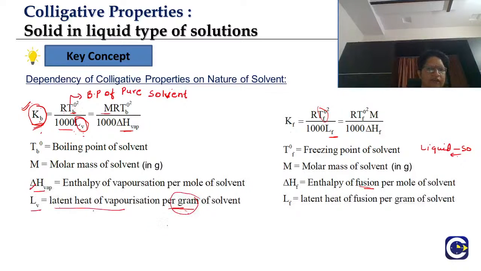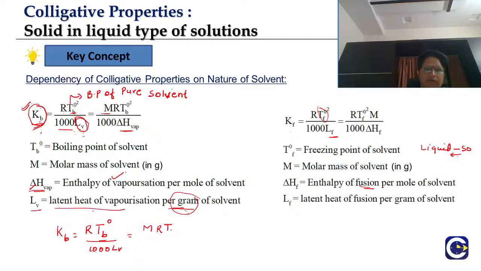If we take it for 1 mole of a substance, what do we call it? Enthalpy of vaporization. So how will it look? Kb is equal to R, the universal gas constant, into TB naught, the boiling point of pure solvent, by 1000 into LV.